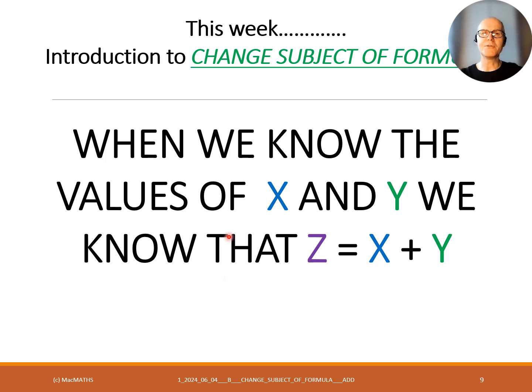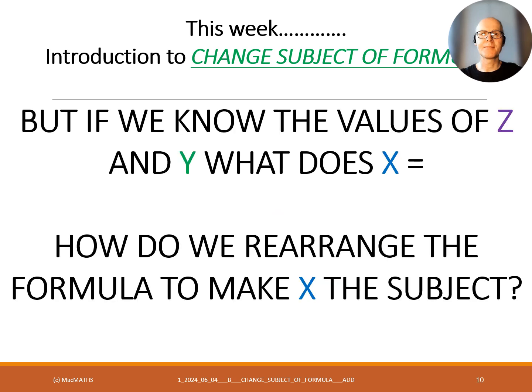When we know the values of the variables x and y, we can work out what z is, because z is x plus y. But if we know the values of z and y, what does x equal?